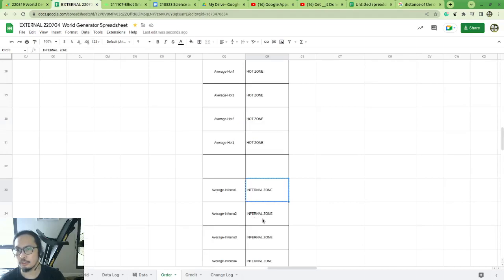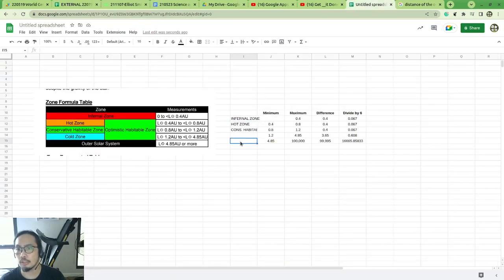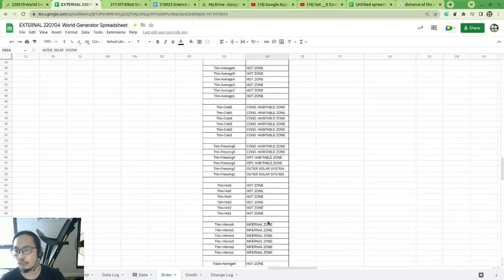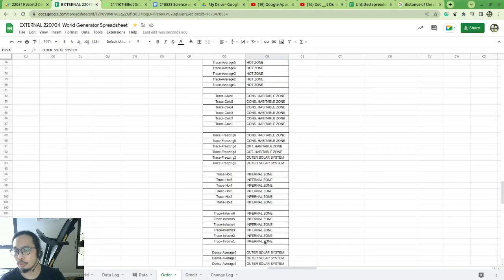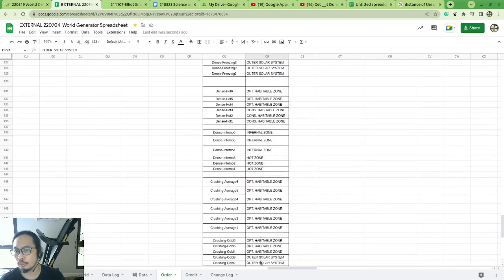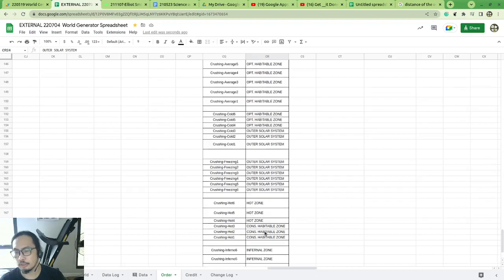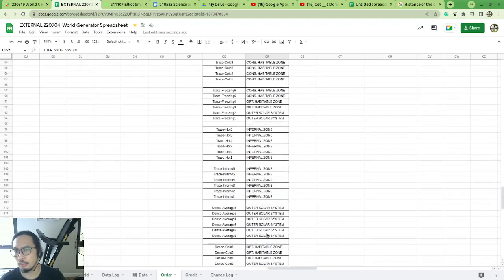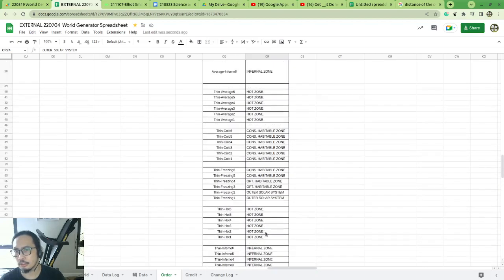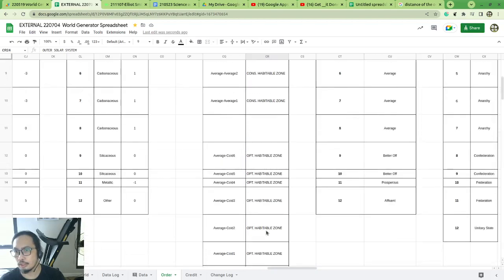Conservative, infernal zone, hot zone, outer solar system, and then this is the cold zone. Where's the cold zone? Rance and the guys all did this.